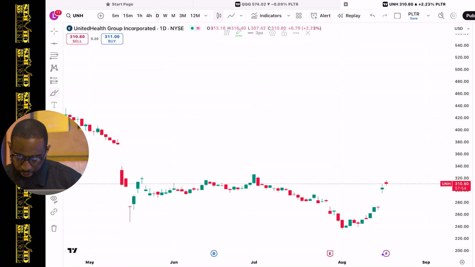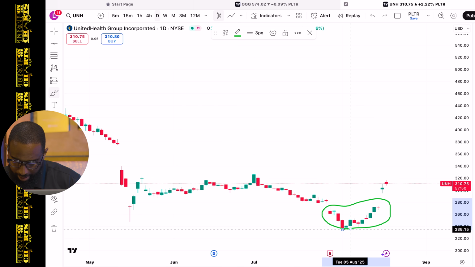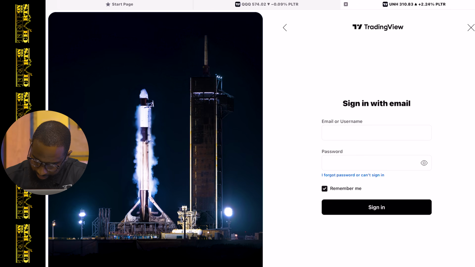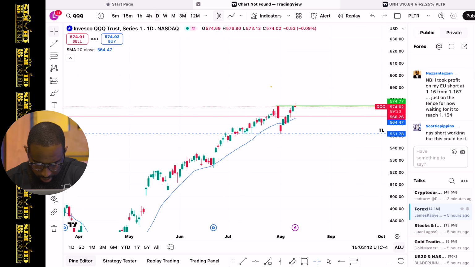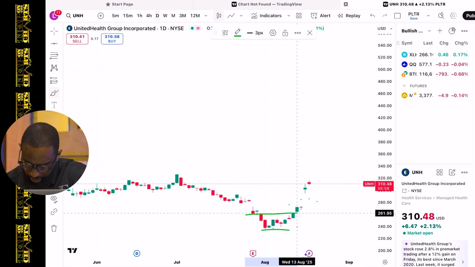So here's what we do know. We know that Warren Buffett and Michael Burry had been buying stock right up in here. Why? If we go back to this right here, this is a 2019 low right here. What we do know for a fact is Warren Buffett and Michael Burry were buying at this.